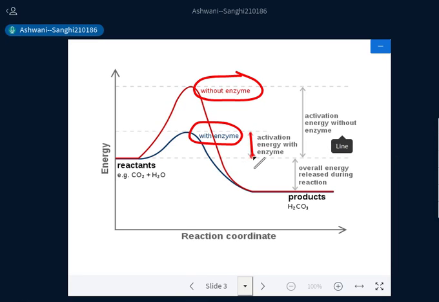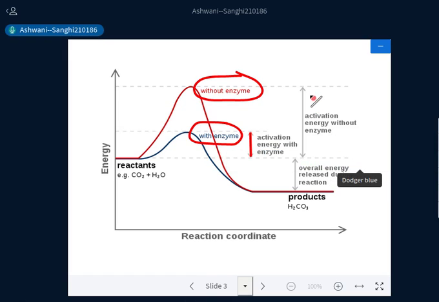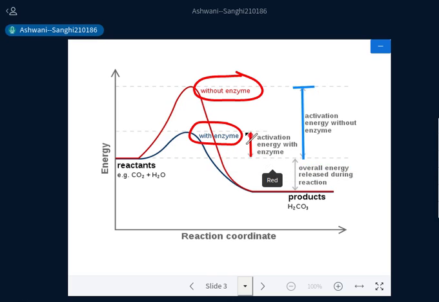This energy is the required activation energy, but in the case of without enzyme, the reaction requires much higher energy.